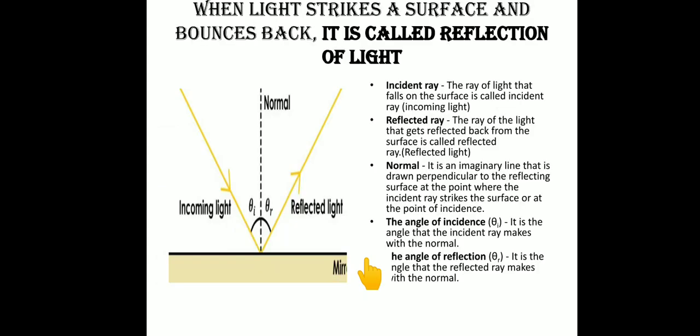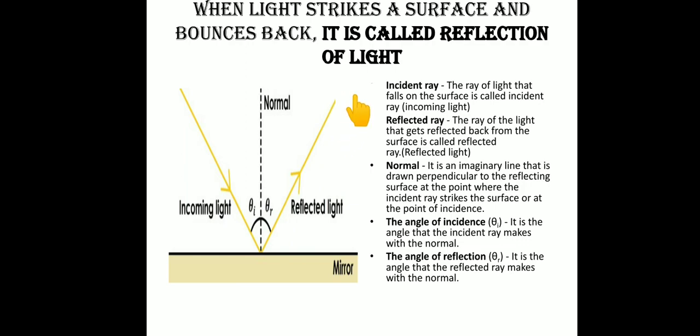This phenomenon of light striking a surface and bouncing back is called reflection of light. Now see here, it is reflection of light. One ray is coming from the source and falling upon the surface, and then this ray is bounced back at an angle.